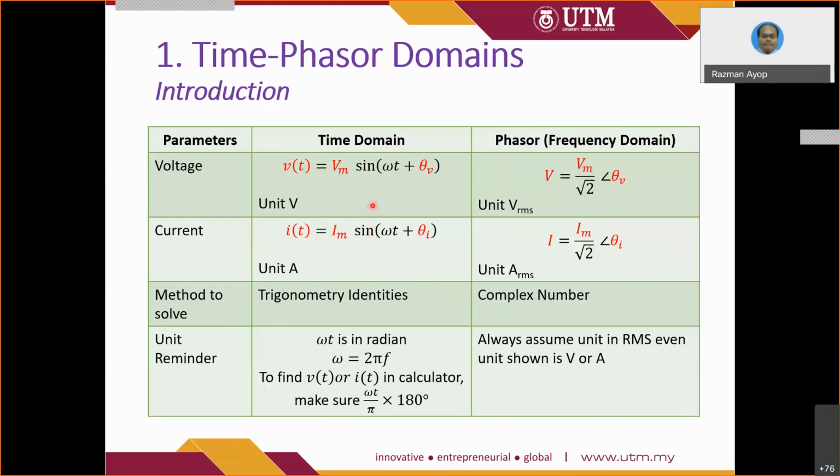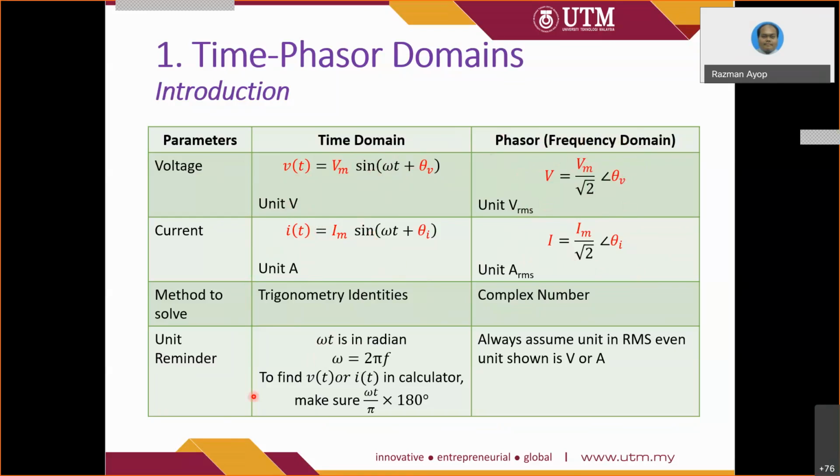If you have multiplication of v and i, how do you multiply sine and sine? You have to memorize the trigonometric identities, which is quite difficult. If you use phasor domain, you just use complex numbers, which can be solved using your calculator. So it is much faster.